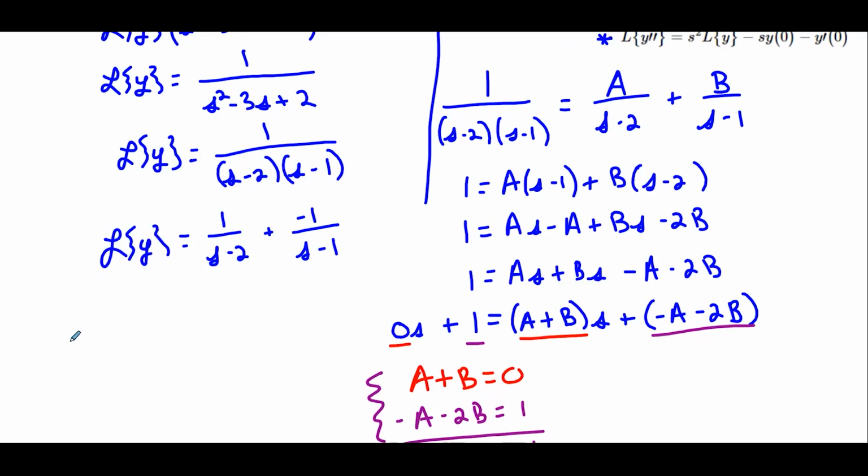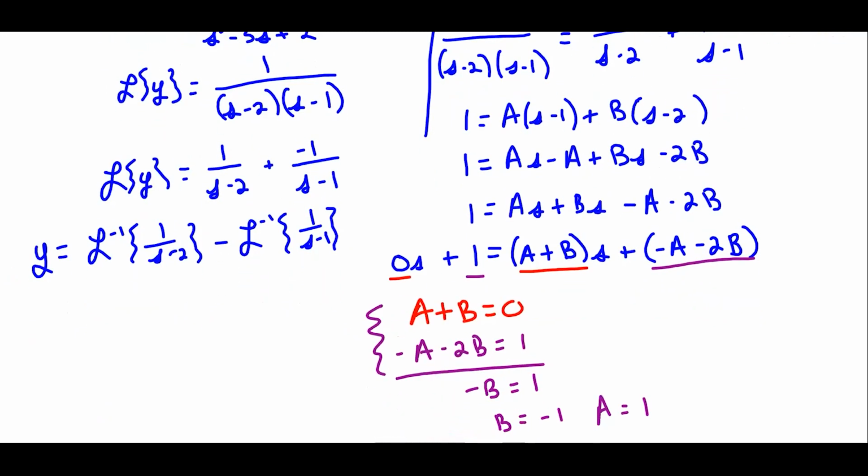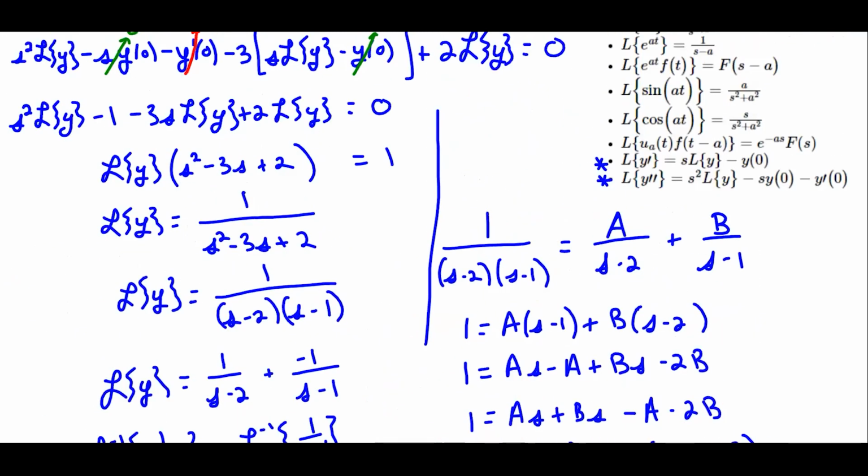So when I take the inverse Laplace transform of both sides, the inverse Laplace transform of the Laplace transform of y, well, that's just going to be y. And then I need the inverse Laplace transform of 1 over s minus 2. And we'll say minus the inverse Laplace transform of 1 over s minus 1. Then I'm going to use my table.